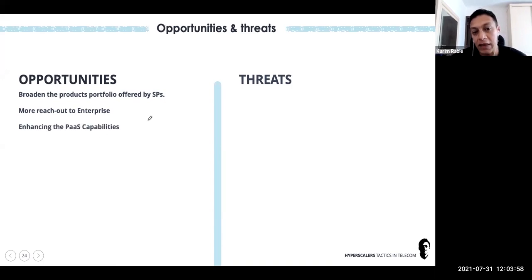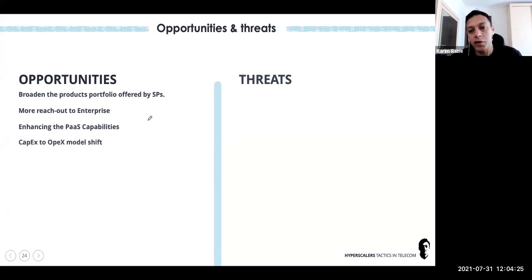The CSP will enhance the PaaS capabilities on its side. They will get machine learning, AI assurance, development studios, design studios. As I showed you, we were able to develop an application in 3 weeks for AWS and Verizon in one of the contests. So that's really a PaaS capability that the operators needed.